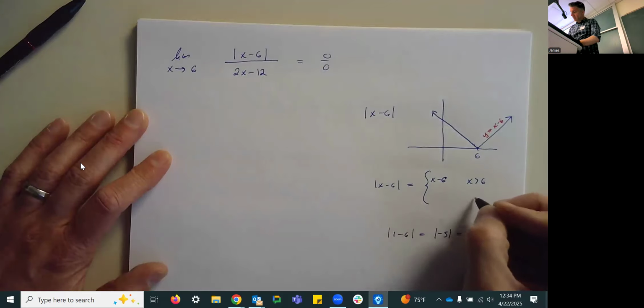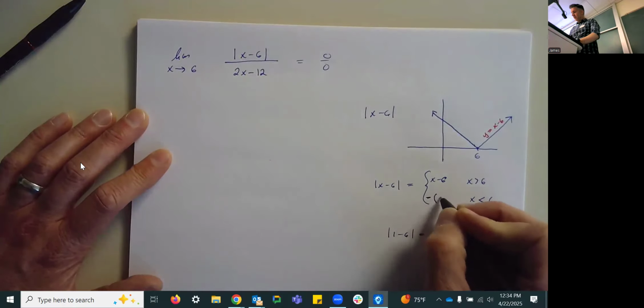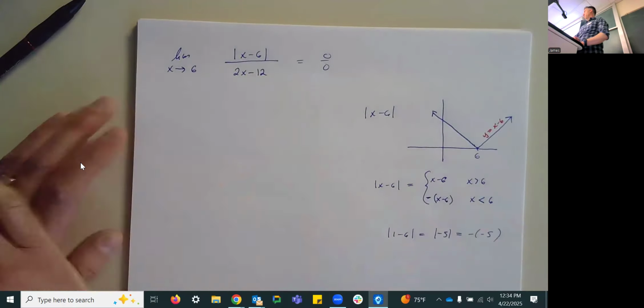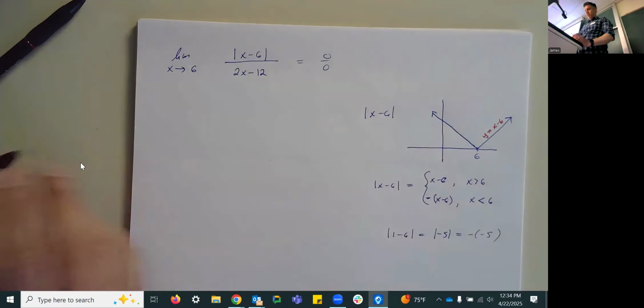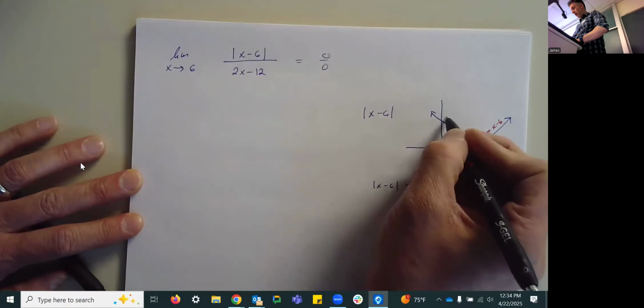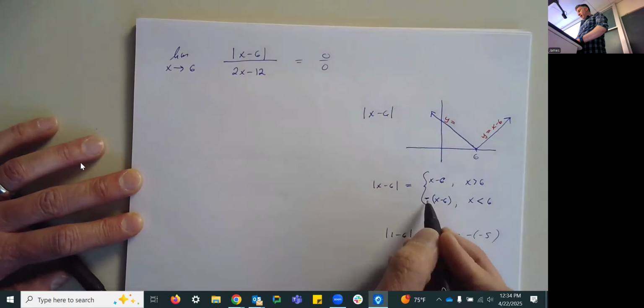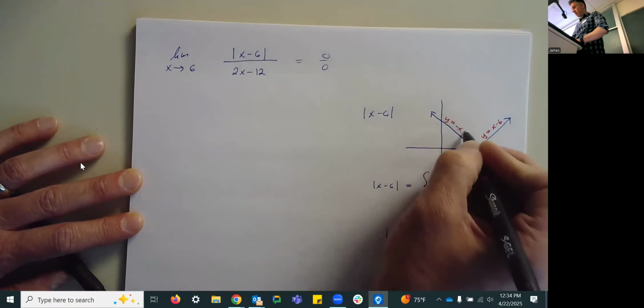So if x happens to be less than 6, then you get the negative of the stuff you had inside the absolute value. Which again, looking at the graph, seems pretty reasonable. This part of the absolute value function looks like the line y equals negative parentheses x minus 6, or distributing the minus sign, negative x plus 6.